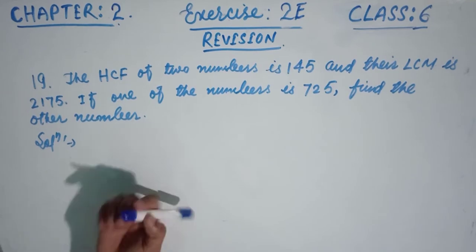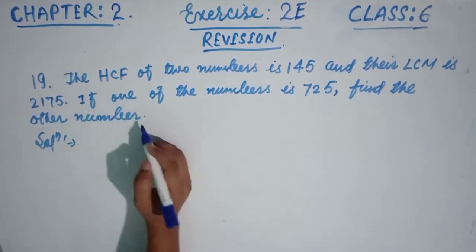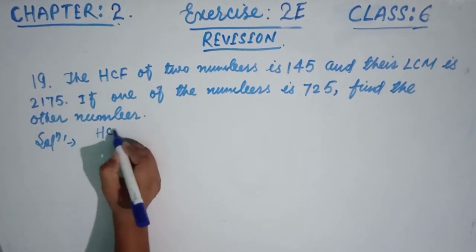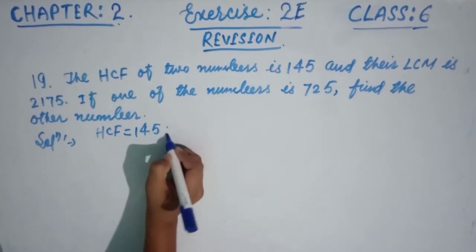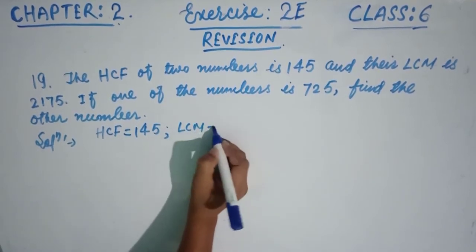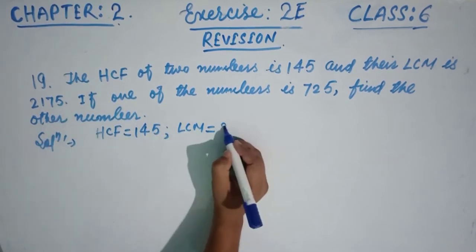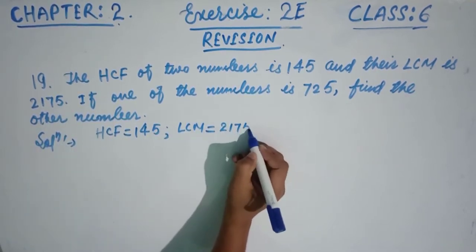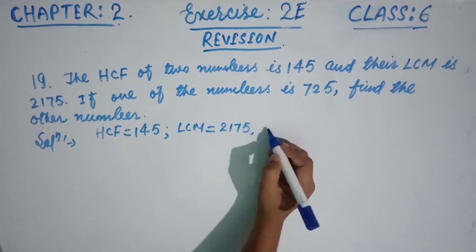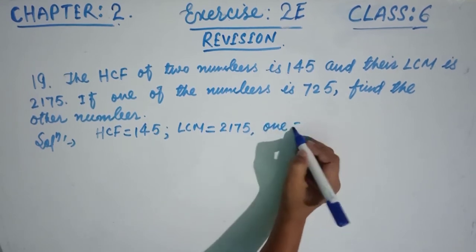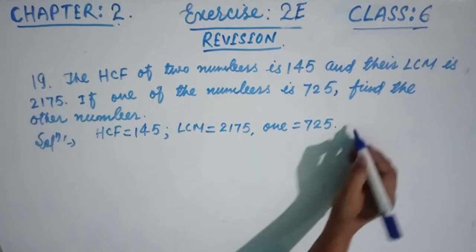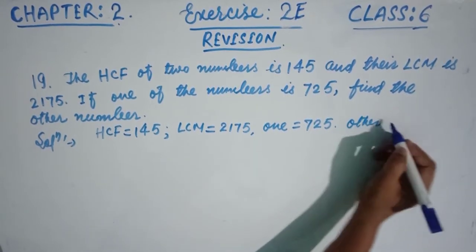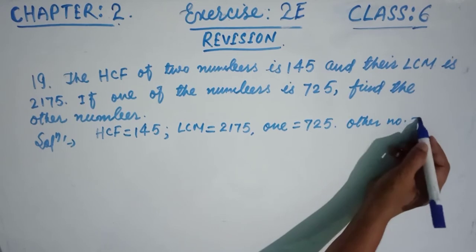First, friends, write the values. The HCF is 145. The LCM is 2175, and one number is 725. We have to find the other number.